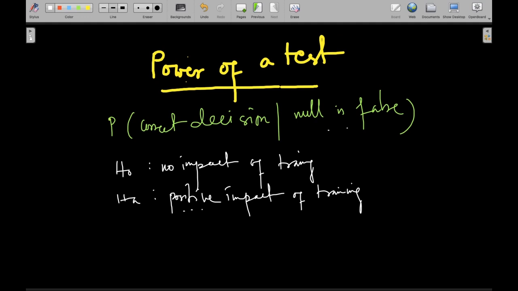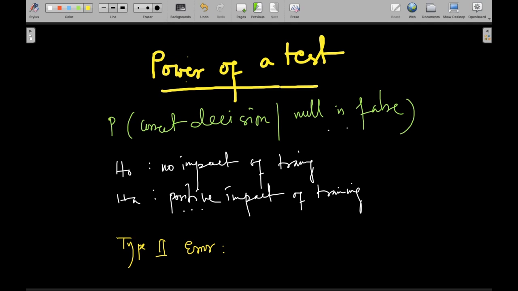Essentially, we also say power is 1 minus type 2 error. If you recall, type 2 error deals with false negatives. So we wrongly identify something as negative when in reality it is positive.